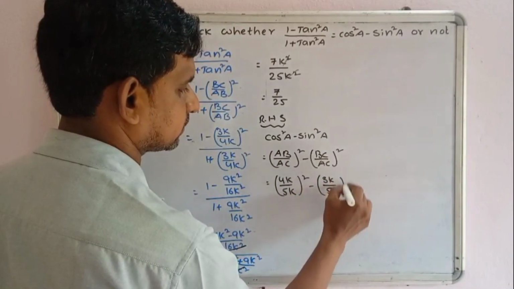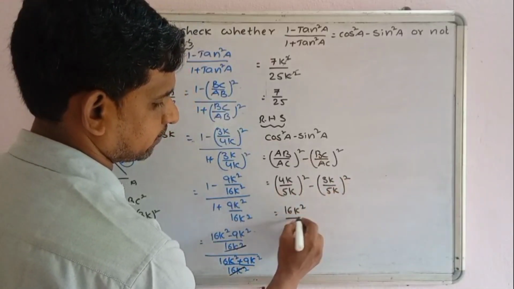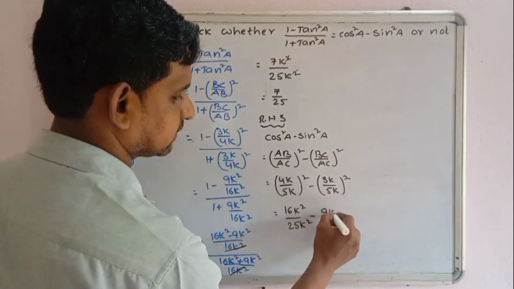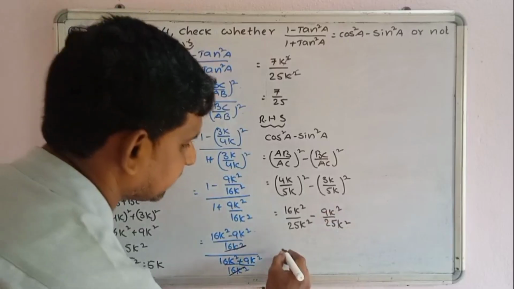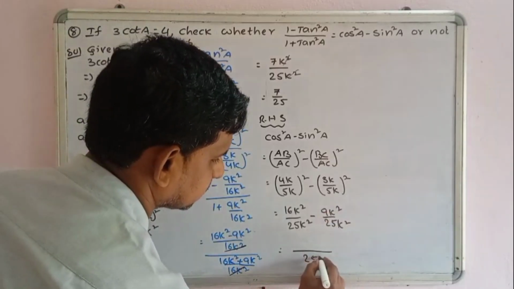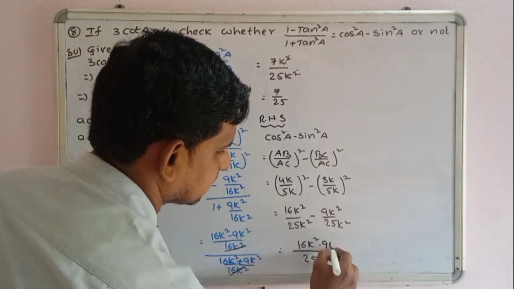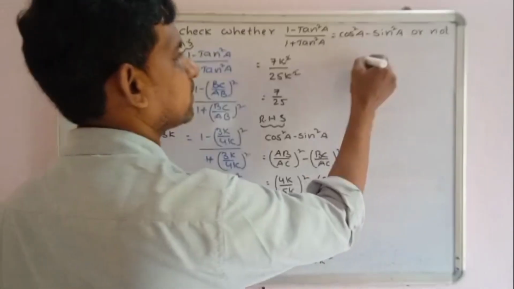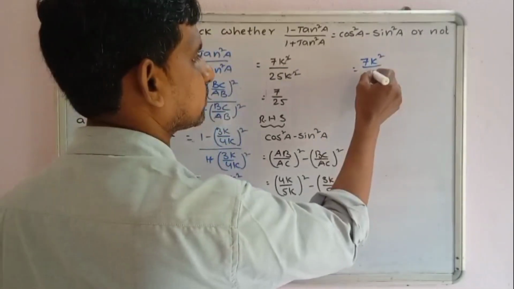So (4k) whole square by (5k) whole square: 16k square by 25k square minus 9k square by 25k square. Here 25k square is the LCM. So 16k square minus 9k square is 7k square by 25k square.